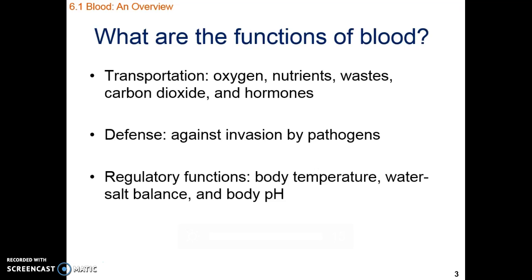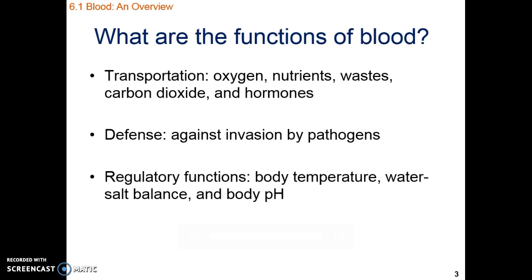And then defense. Within the bone marrow, you have different cells that we'll talk about briefly in this chapter, but then in more depth in chapter 7. That are going to provide defense against pathogens, bacteria, fungal organisms, viruses, and just basic dirt, and provide healing for cells that are for injuries.